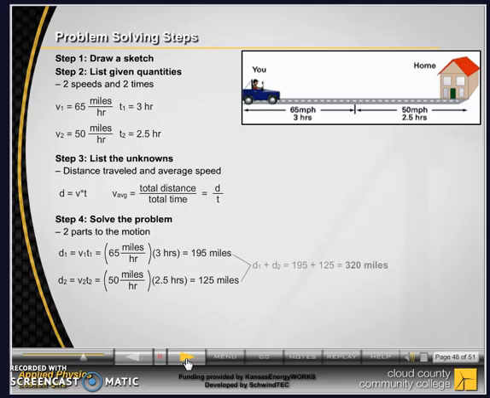This makes the total distance, d1 plus d2, equals 195 plus 125 equals 320 miles. For the second part of the problem, we note that the total distance traveled was 320 miles, while the total time of travel was 5.5 hours. The average speed for the trip was 320 miles divided by 5.5 hours equals 58.2 miles per hour.